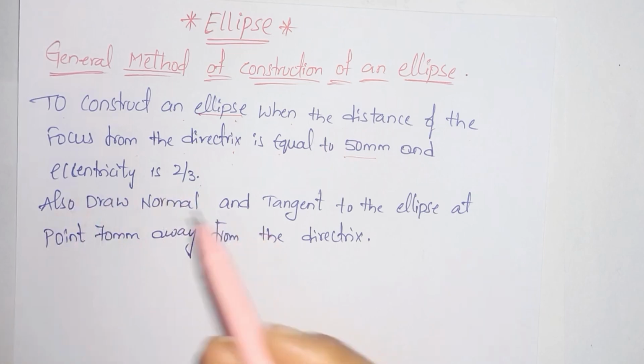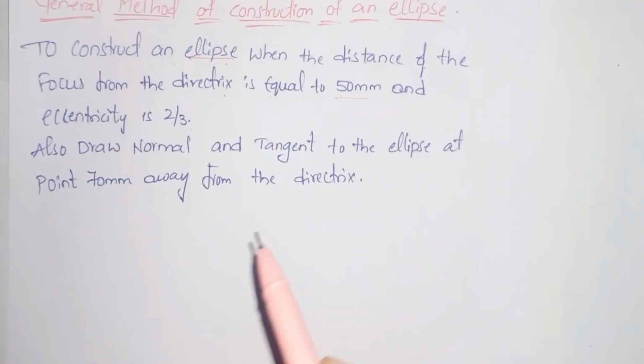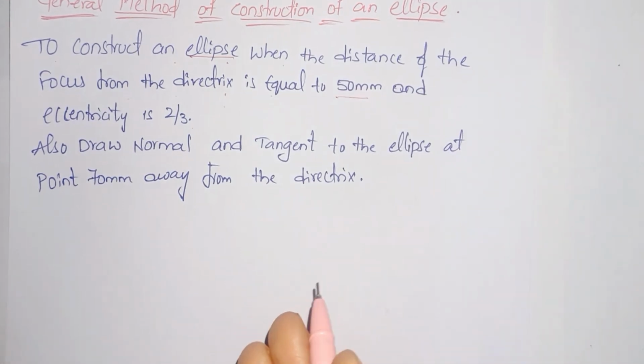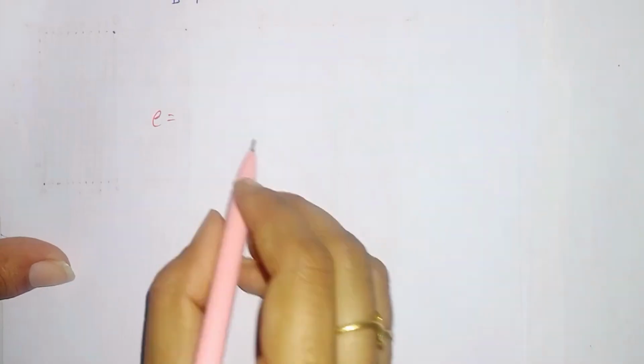Here the formula of eccentricity is E equal to the shortest distance from the focus divided by the shortest distance from the directrix. You have to follow the eccentricity formula.